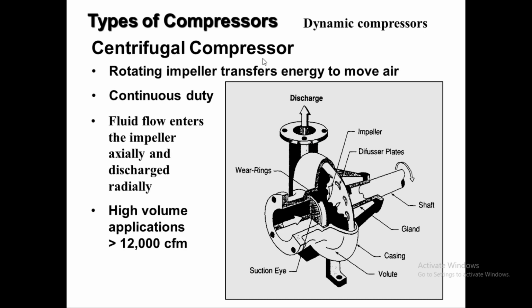In a centrifugal compressor, a rotating impeller transfers energy to move air. Because it is continuous duty, it gives you a larger volume and a continuous supply of air or fluid. The fluid enters the impeller axially and discharges radially, so it's coming in the axial direction from here, and then it will go out radially this way.